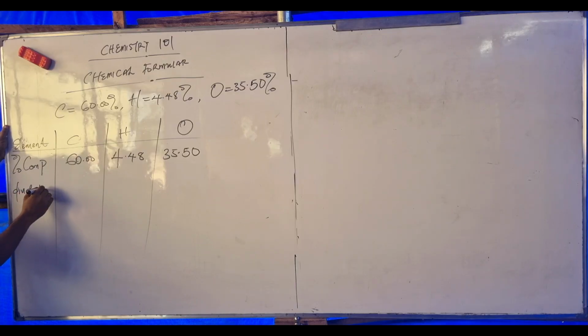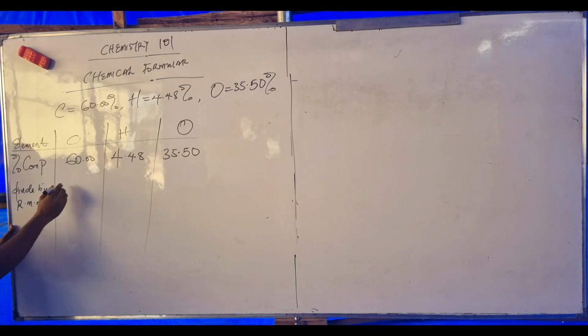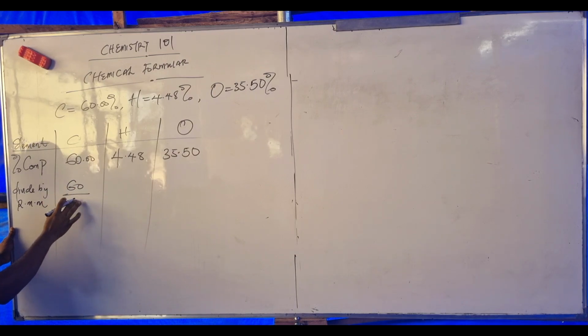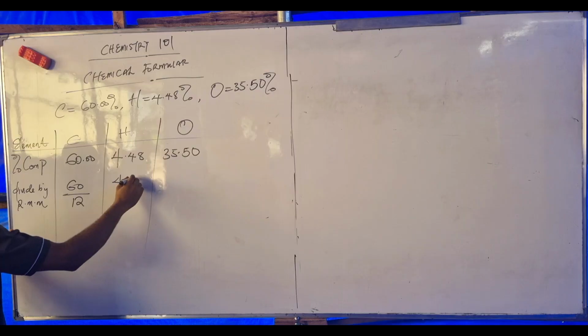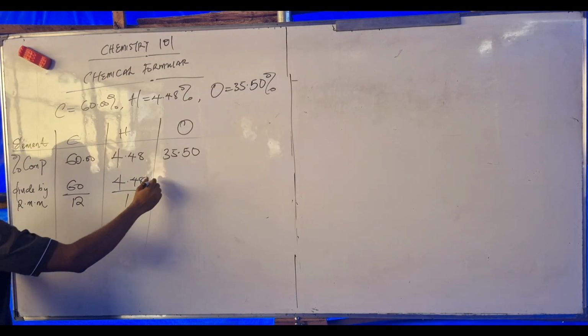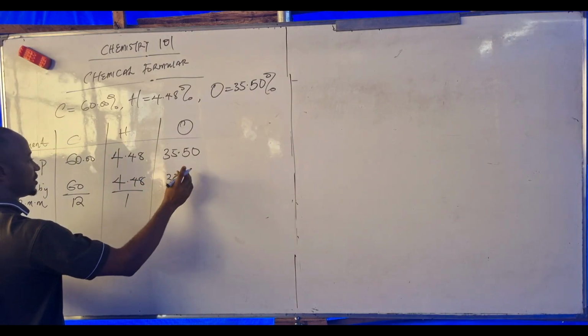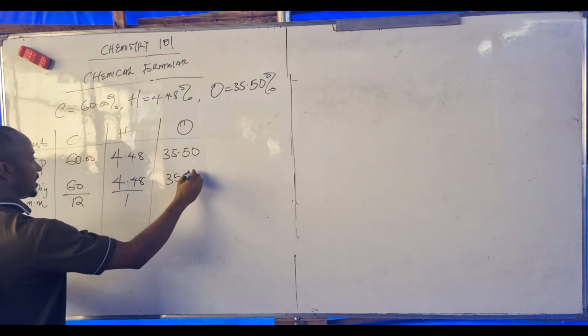The next step is to divide by the relative atomic mass. Carbon is 12. Hydrogen is 4.48 over 1. Oxygen is 35.50 over 16.